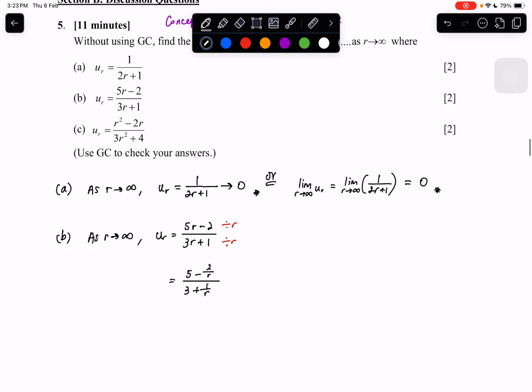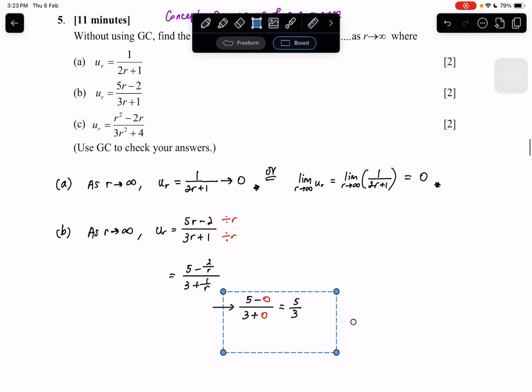As r goes to infinity, this approaches 5 minus 0, because 2 over r is very small, and 3 plus 0. So this will be equal to 5 over 3. This is the notation that we will follow.